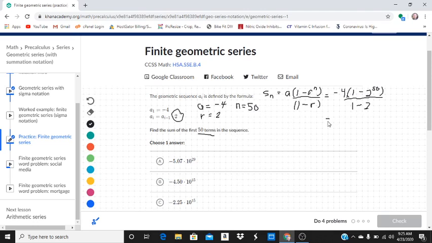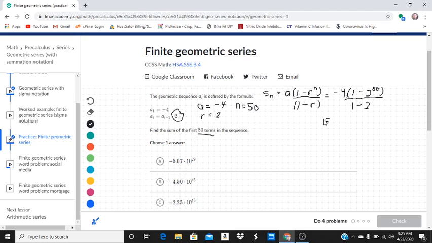I'm going to take out my Android calculator to do that. I type -4 times 1 minus 2 raised to the 50th power, close that parentheses, divided by, in parentheses, 1 minus 2.